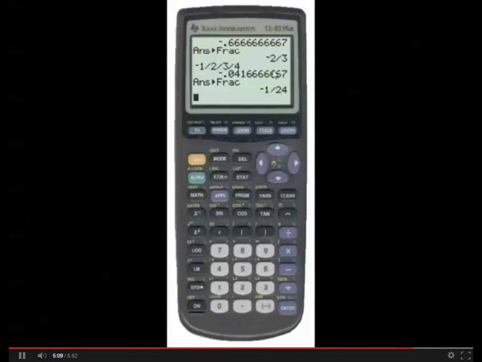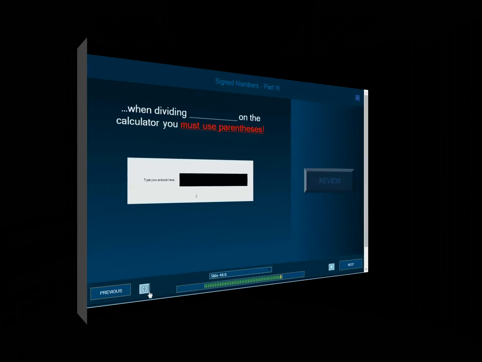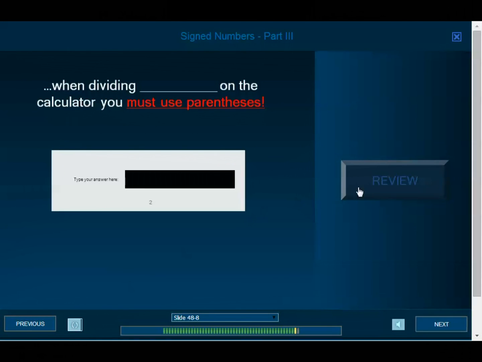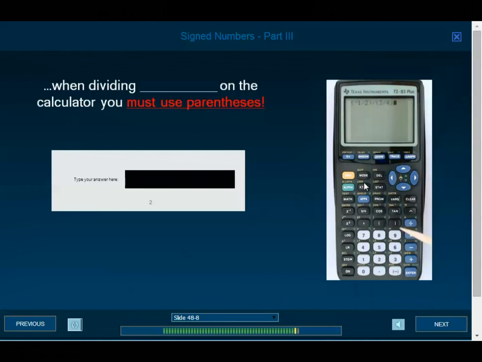When we don't use parentheses, we get the answer, a negative 1 over 24, which is not correct if the problem you wanted to do was to calculate a negative 1/2 divided by a positive 3/4. When dividing on the calculator, you must use parentheses.